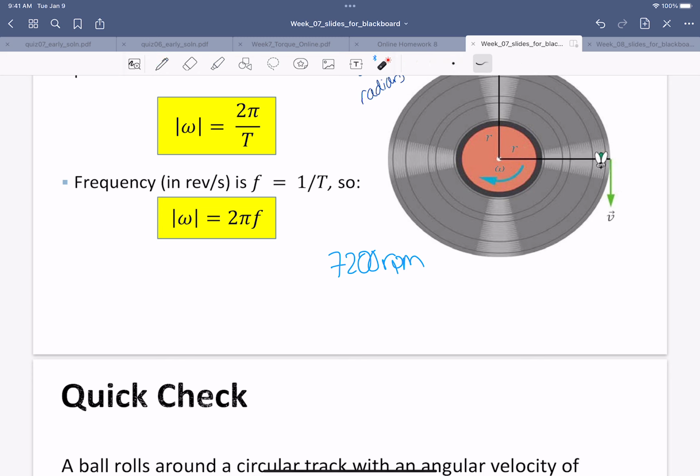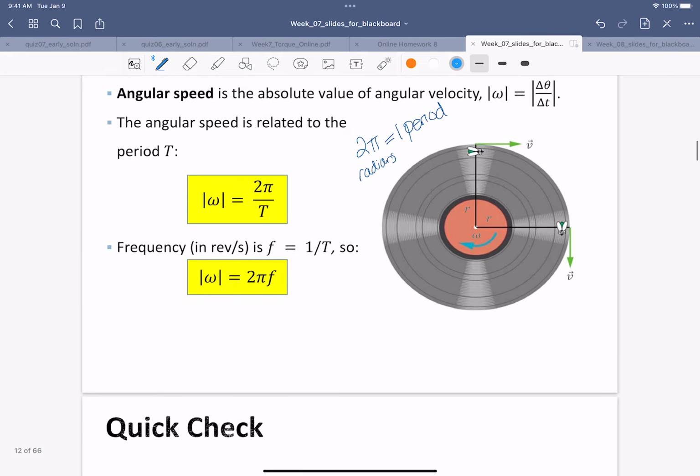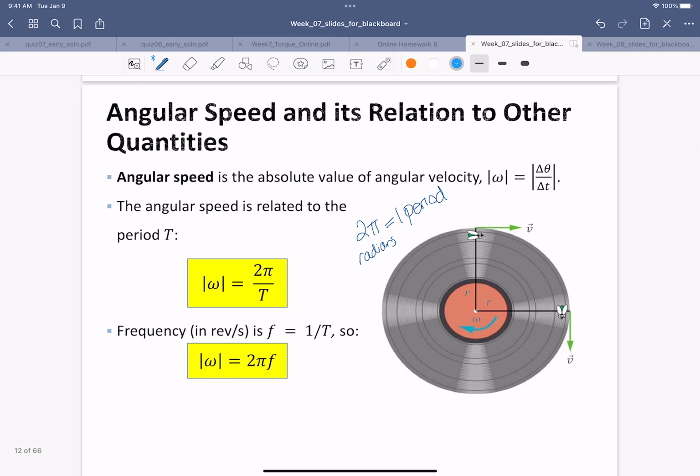We go from minutes to seconds, and that's going to be our frequency, because that way we can then figure out our angular speed. So there are our equations for angular speed when we have period and frequency.